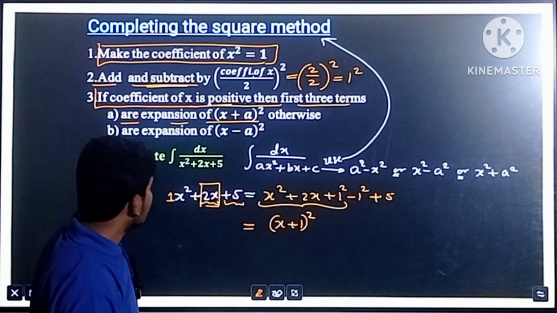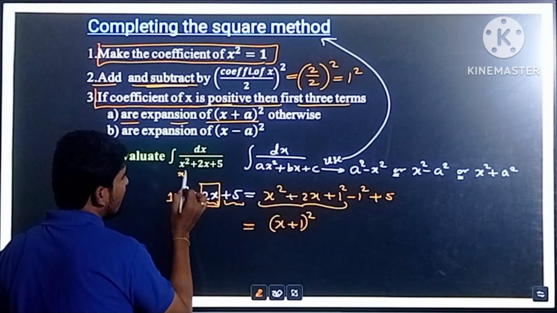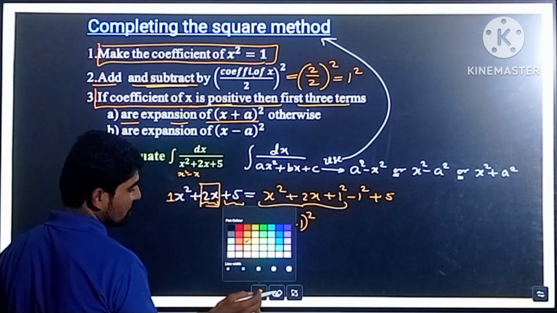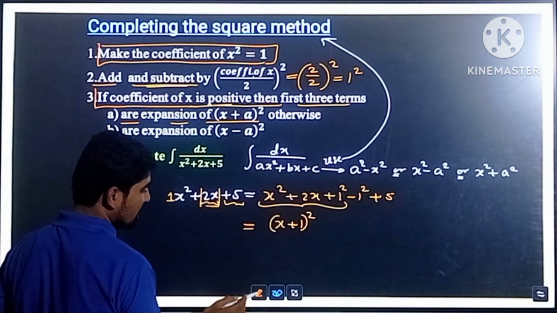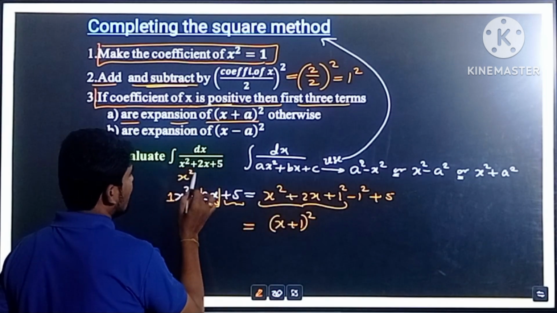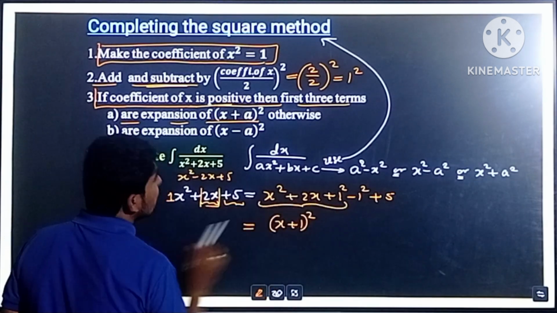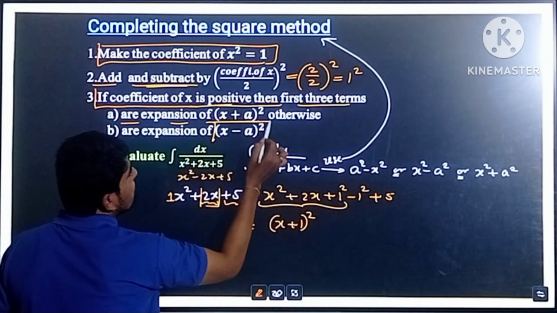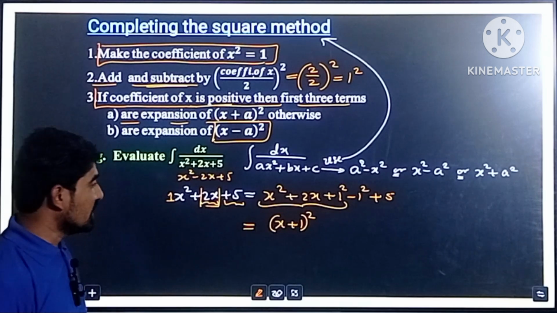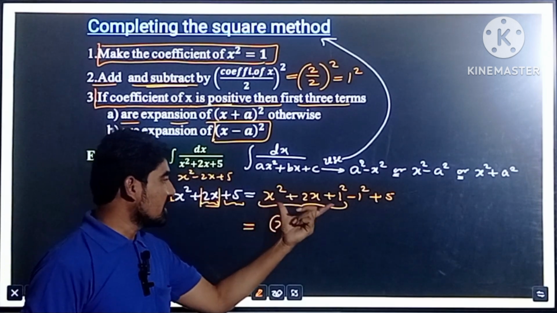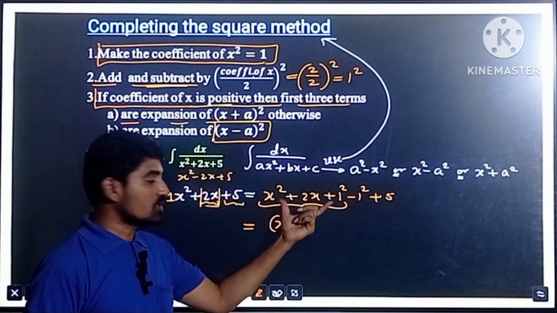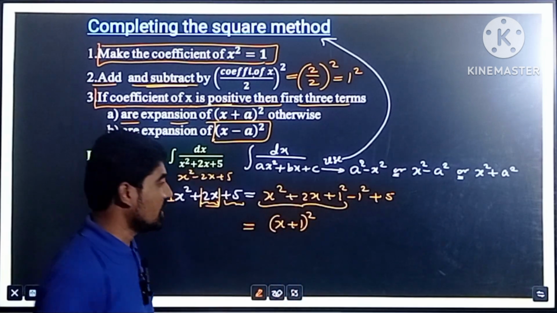And if the quadratic expression given in the question is x square minus 2x plus 5, then these first three terms are x minus a whole square. Here the coefficient of x is positive, that's why the first three terms are the expansion of x plus 1 whole square.